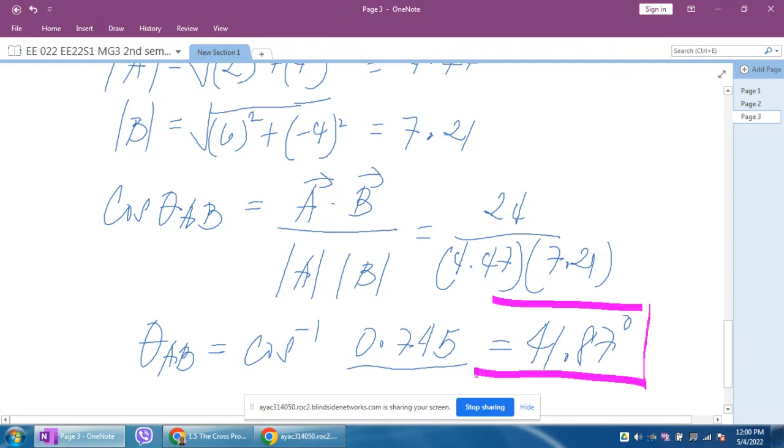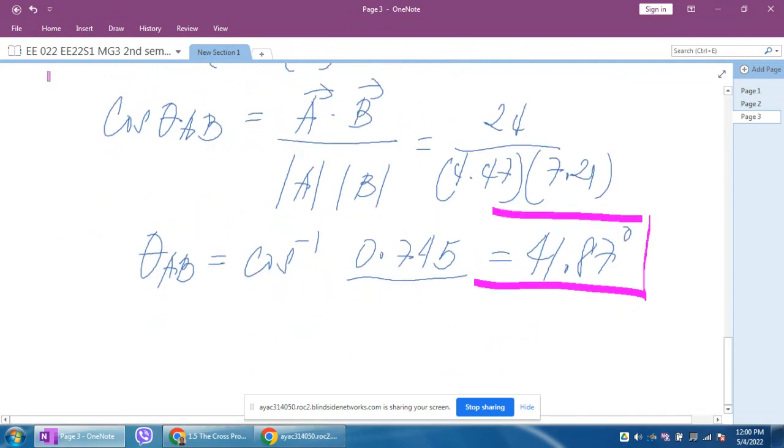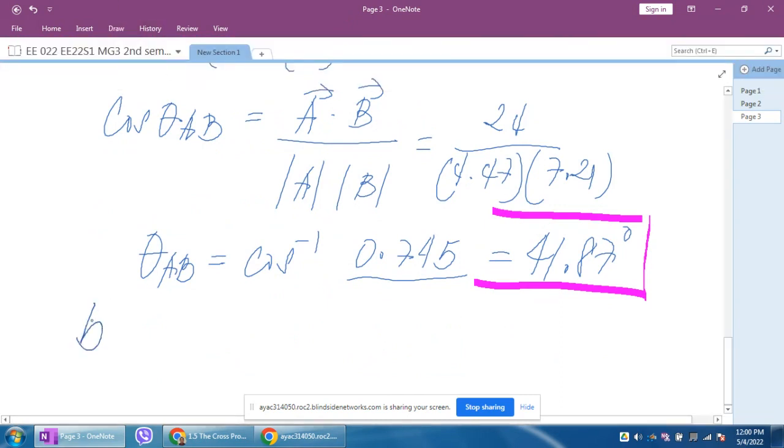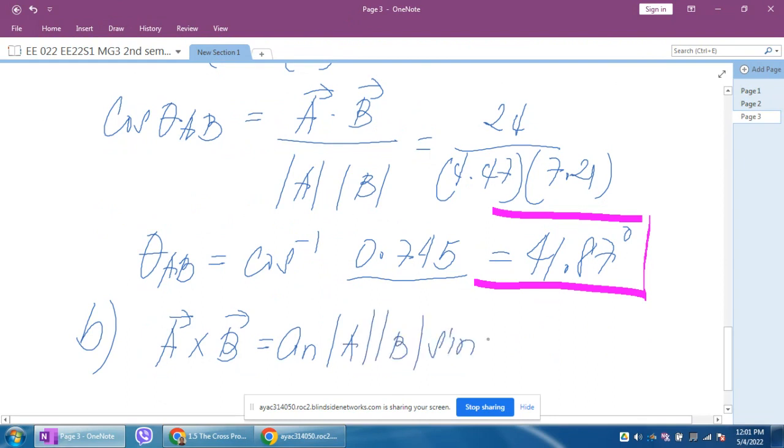Okay. Now, yung second question po, letter B, we're going to use the cross product naman po. So, formula ng cross product natin is A cross B is equal to AN, magnitude of A, magnitude of B, sine of theta AB.